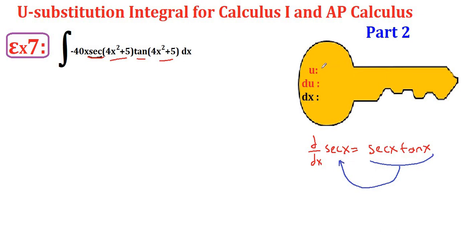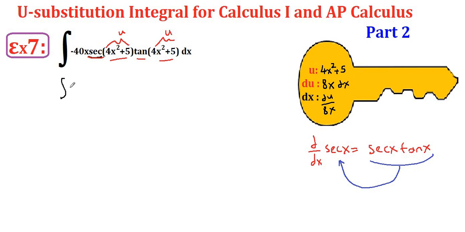Let's call 4x squared plus 5 our u. So this is our u. Then the derivative will be 8x dx. And if you solve for dx, it's going to be du over 8x.